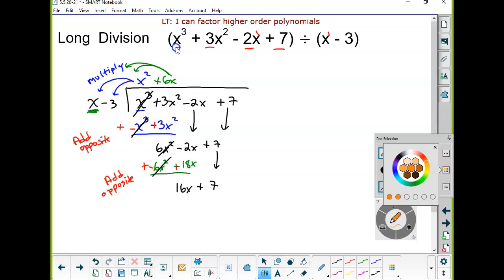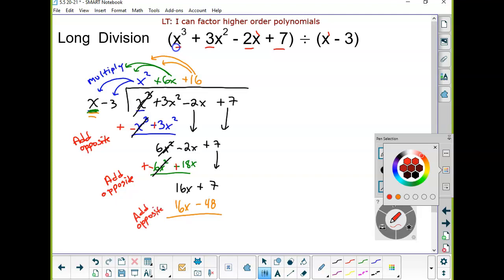So now we're going to multiply this x by a positive 16. Again, make sure you're multiplying. So I get 16x minus 48. 48, thank you. You do not have to write the word add the opposite.